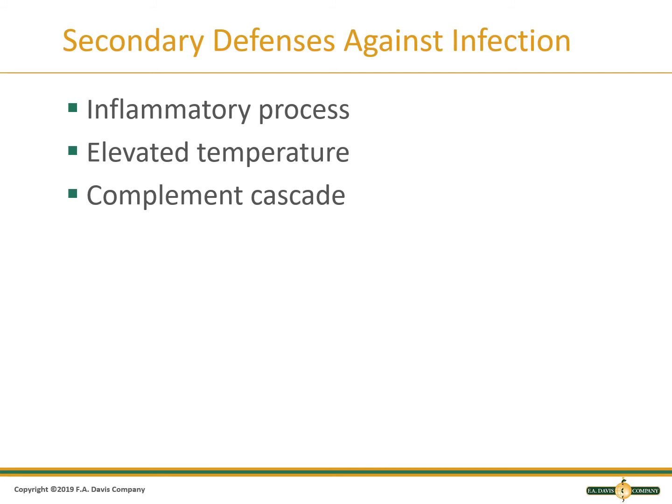Elevated temperature. Okay, let's talk about this. The body responds to invading pathogens by creating an environment that is hostile to them. So the increase of body temperature to 101 degrees Fahrenheit or higher is too warm for most invading microorganisms to live and multiply. Which brings me to the question: should you treat an elevated temperature with Tylenol or ibuprofen in your children?